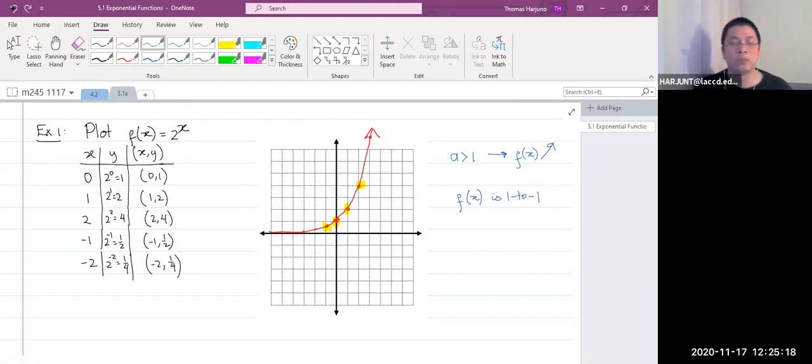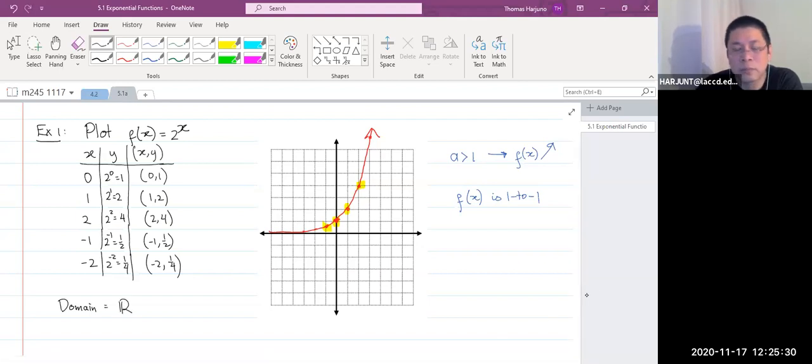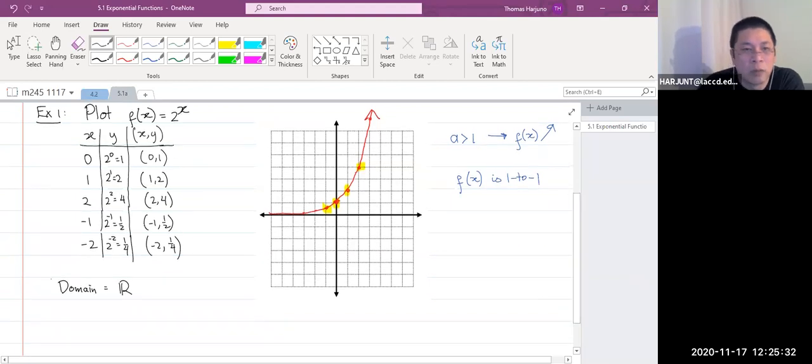Okay. Now we see the following important ones. The domain of this function is all real numbers. The range is from 0 to infinity, but not including 0.